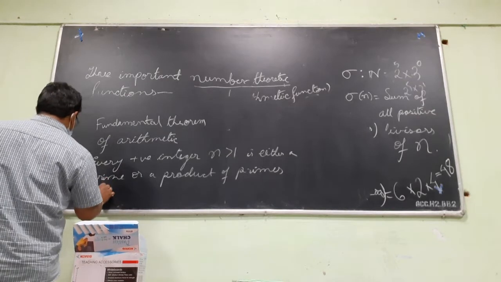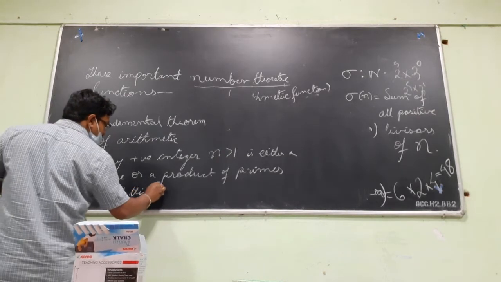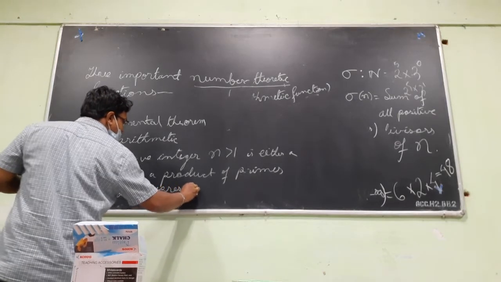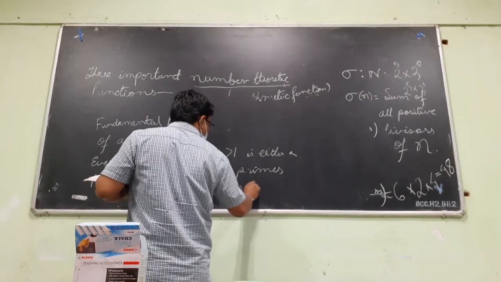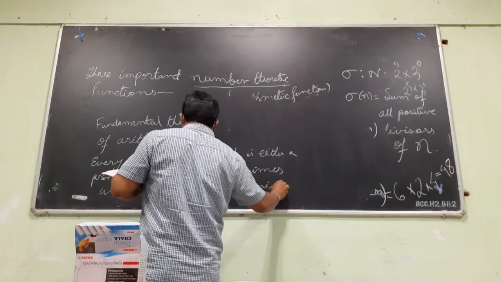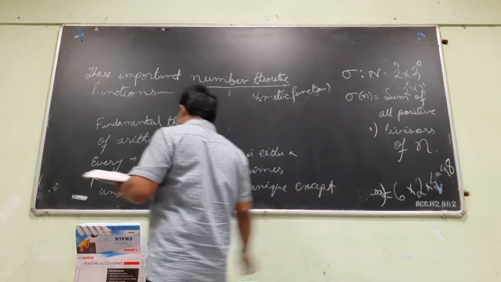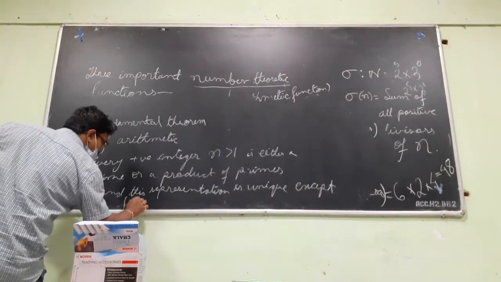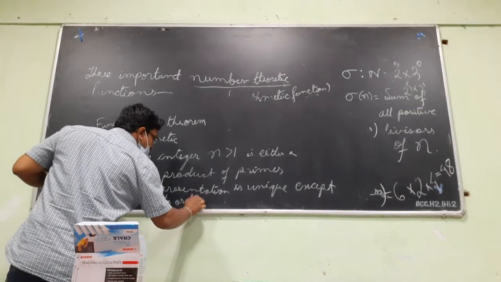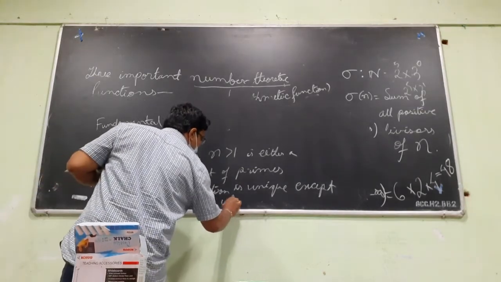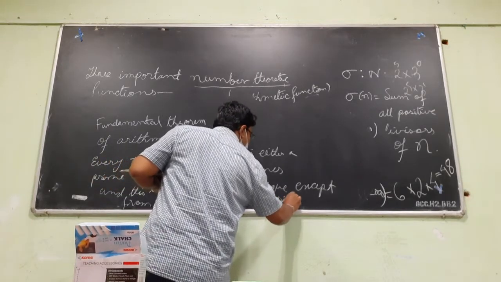And this representation is unique except for the order in which the primes appear. So this is the fundamental theorem of arithmetic.